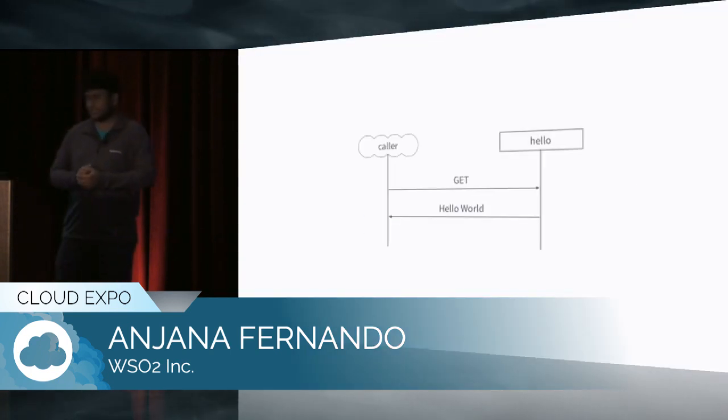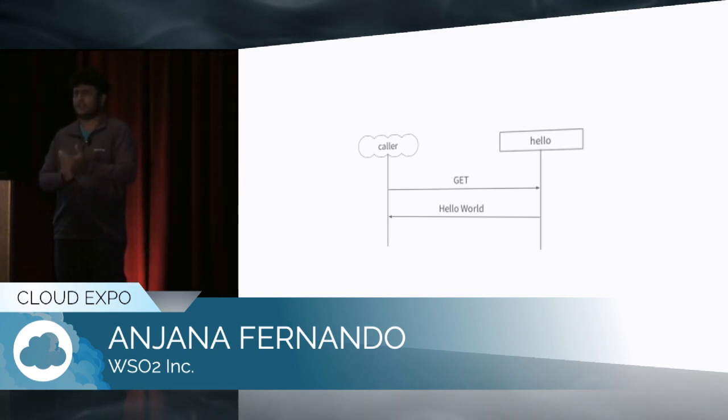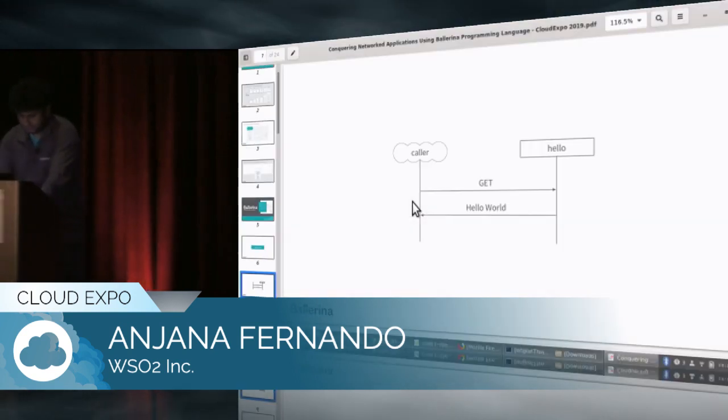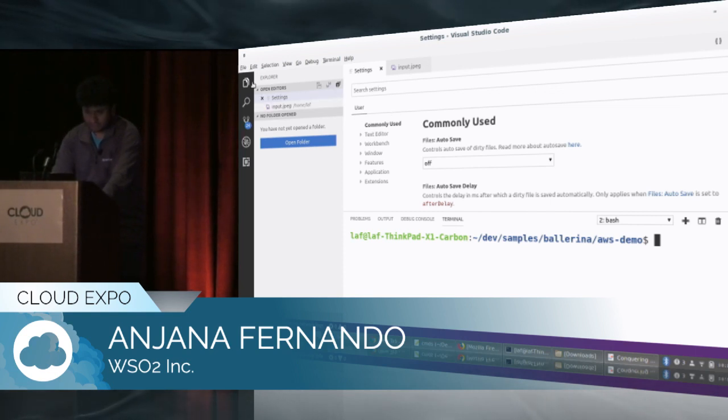I'll be just doing a simple REST service, where I will do a GET request, and you will respond with a fixed message. I'm using VS Code here. Ballerina has a VS Code plugin.